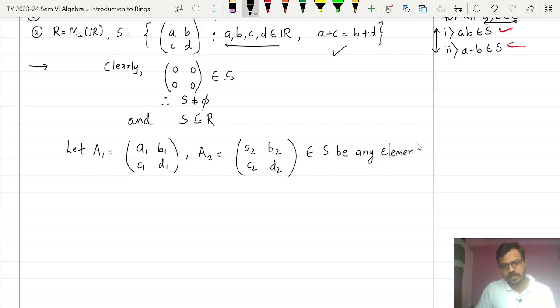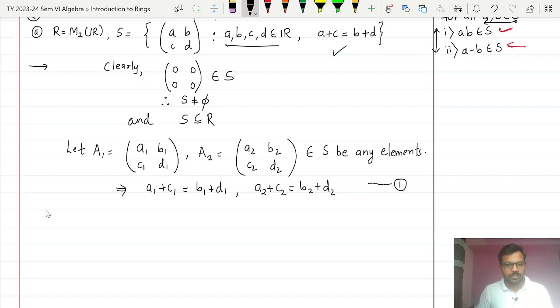Since A1 and A2 are elements of S, the sum of a1 and c1 will be equal to the sum of b1 and d1, and similarly the sum of a2 and c2 will be equal to the sum of b2 and d2. So a1 plus c1 is equal to b1 plus d1 and a2 plus c2 is equal to b2 plus d2. Let us call it sum 1.